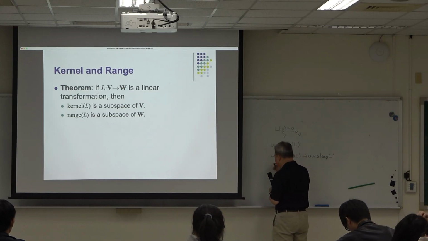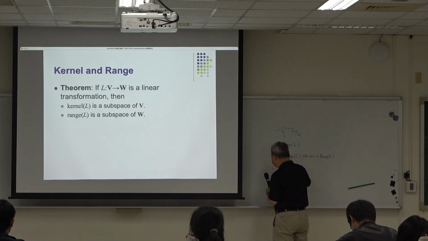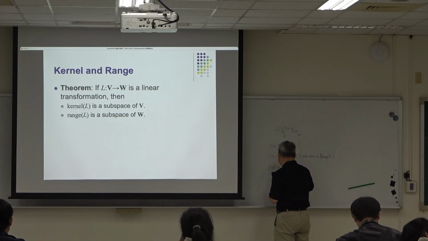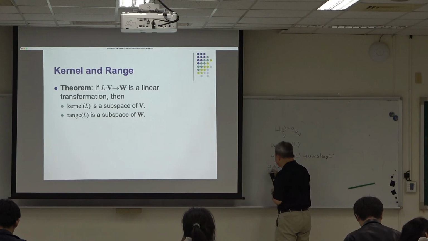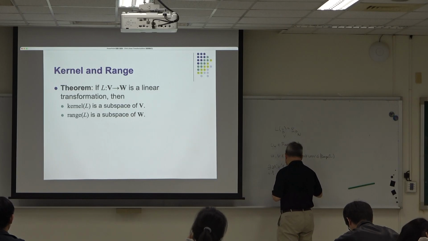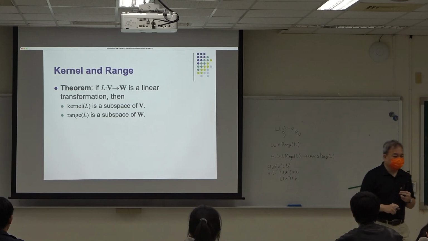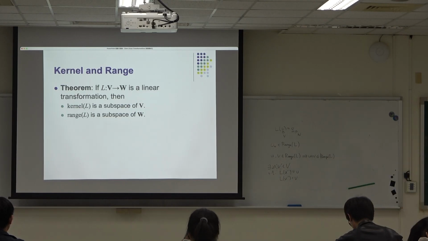That means there exist U prime, V prime in V such that L(U prime) equals U and L(V prime) equals V, according to the definition of range.